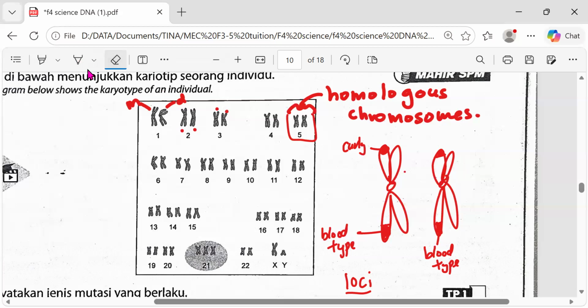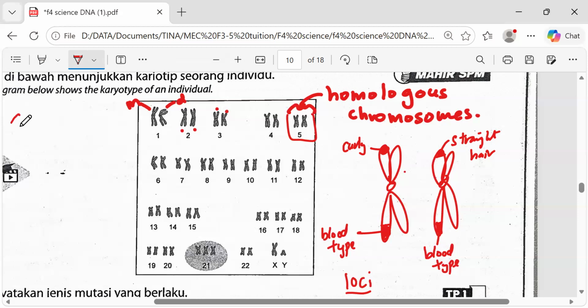Hair also, maybe it's straight hair, maybe it's curly hair. Okay, so maybe here is straight hair. If I want to write the gene, writing curly and straight is very long, because it's the same characteristic. So I write it out like this.